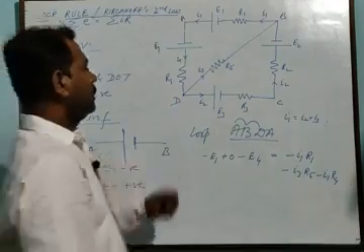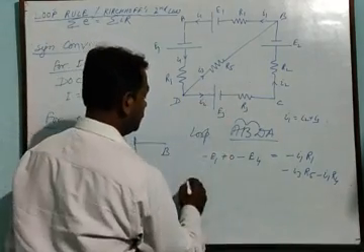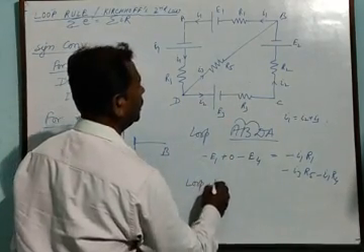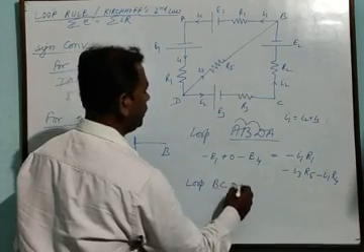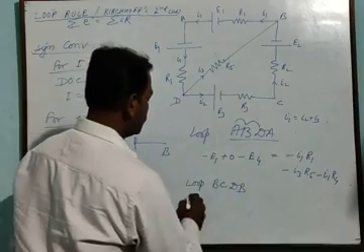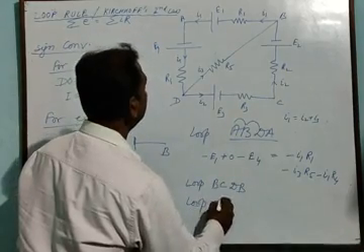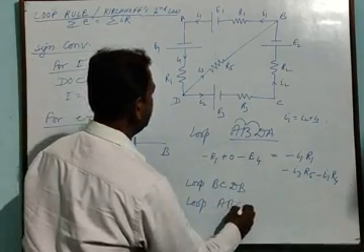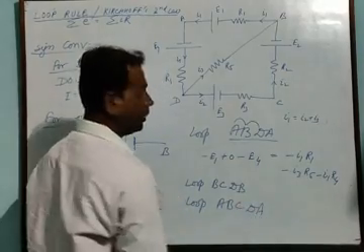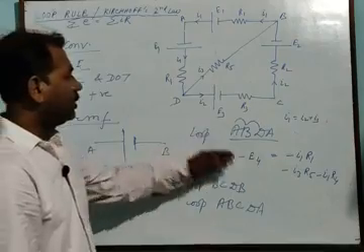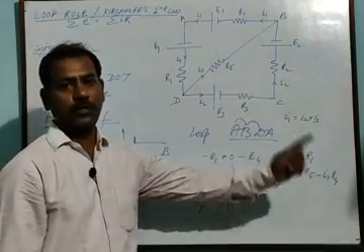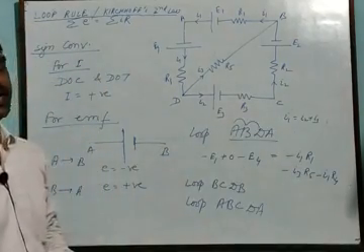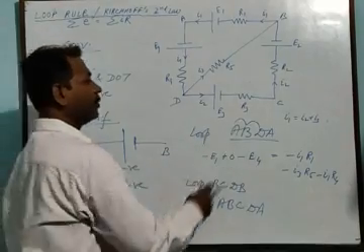In this way, you can apply for loop B, C, D, B. You can also apply for the loop A, B, C, D, A. And you can develop the equation using first and second law. These equations are very important.